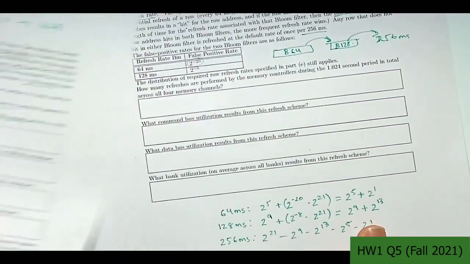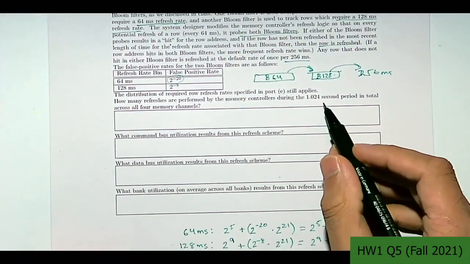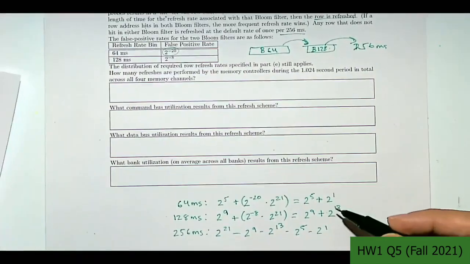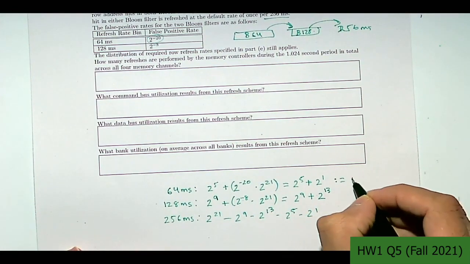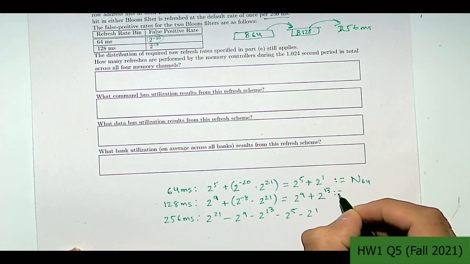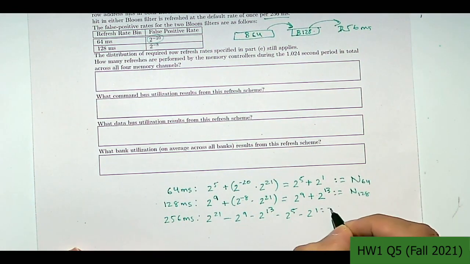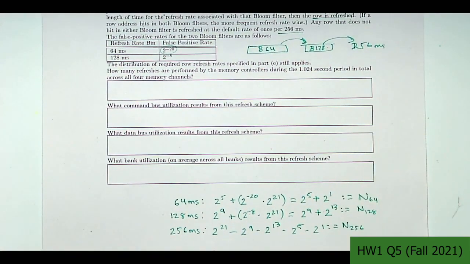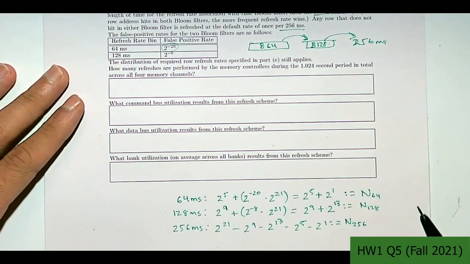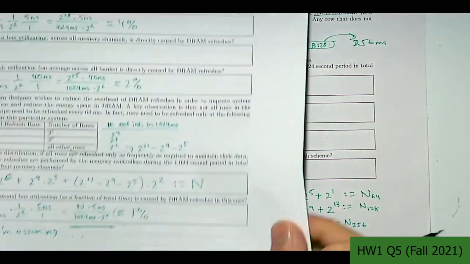And now we're going to do the same thing as before, except instead of these values as a number of rows, we have these values. For simplicity, I'm going to define that this is going to be called N64, this is N128, and this is N256, just to save some time here. And we compute the number of refreshes using the same values as before.